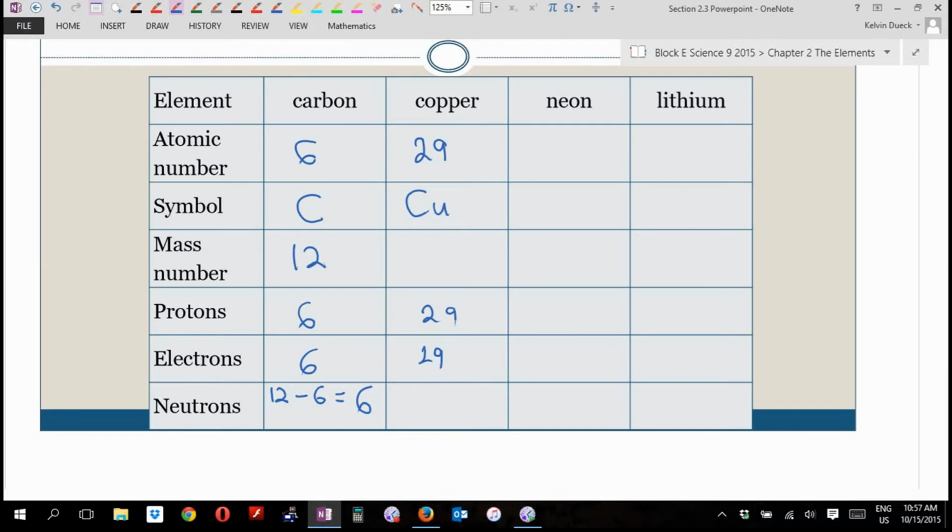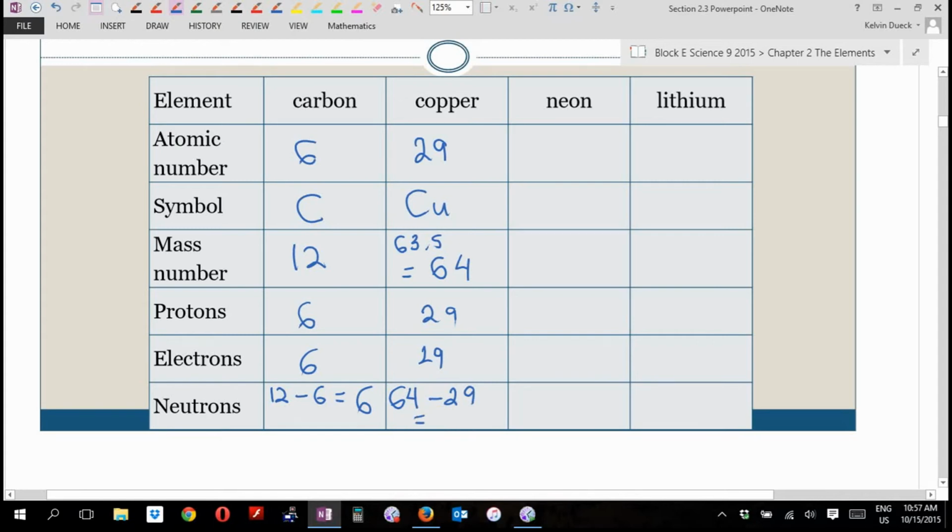What does it weigh? What's its atomic mass? Round it off, please. Well, first of all, as a decimal, what is it? 63.5. Okay, so I'll write here 64, because if it's 0.5 or higher, you round up. Remember your Math 8 rounding rules? So how many neutrons? It's going to be 64 take away, which is what?